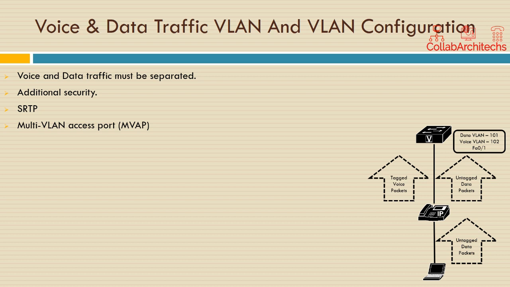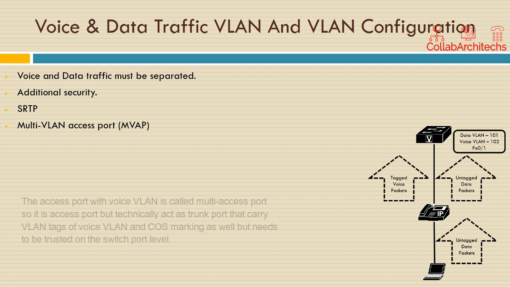And also you can see there is a tagged voice packet, meaning supporting tagged traffic from the IP phones. Tagged voice packets from the IP phones and untagged data packets from the PC.